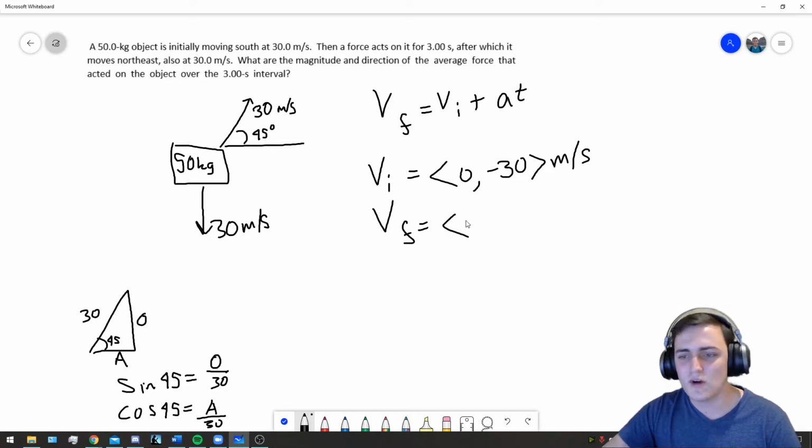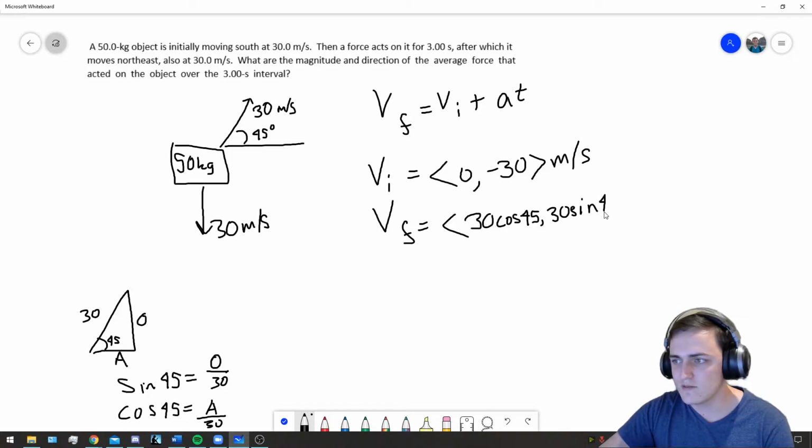That tells us our x and y components, which we find to be 30 cosine 45, 30 sine 45. And we're just going to leave it in that form.